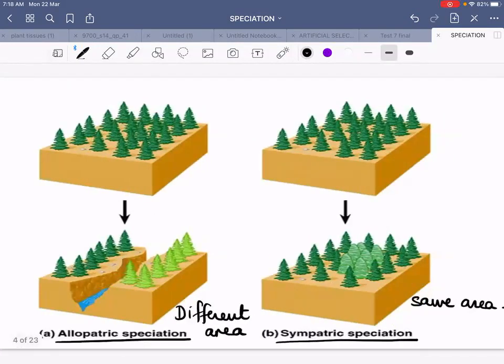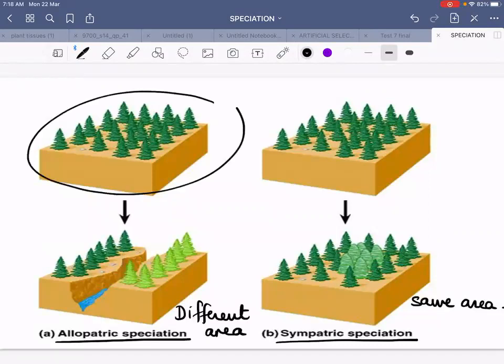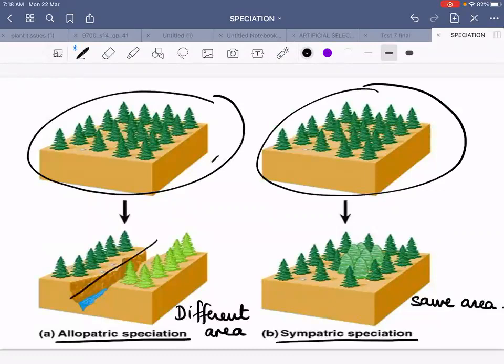And this diagram explains very well how these two kinds of speciation take place. You have the same species, which means intraspecific. Now, this species has been separated geographically like this, okay? And they have been separated for a long time.